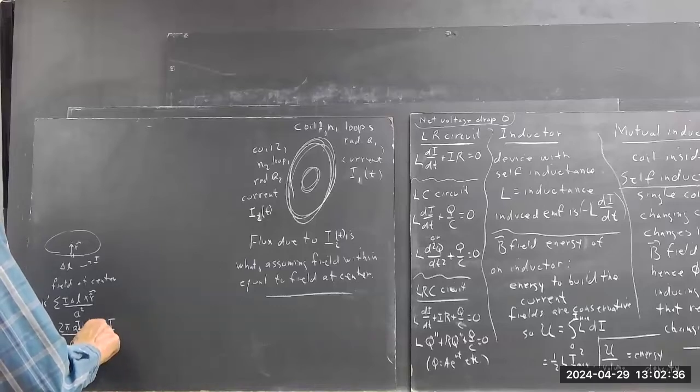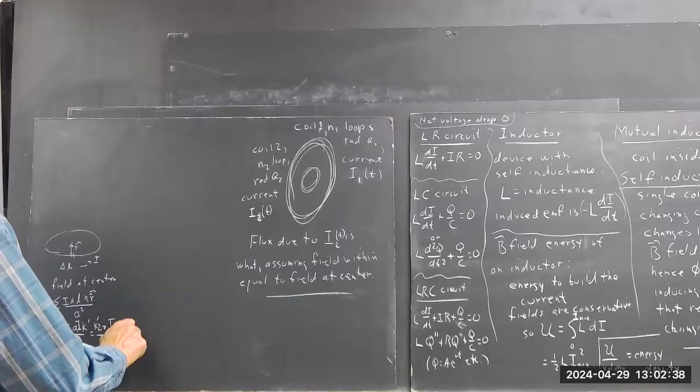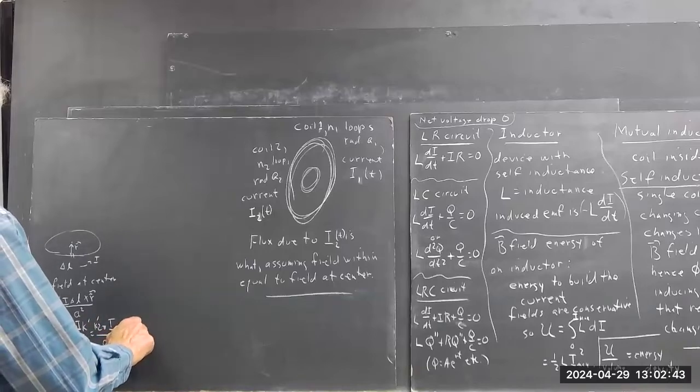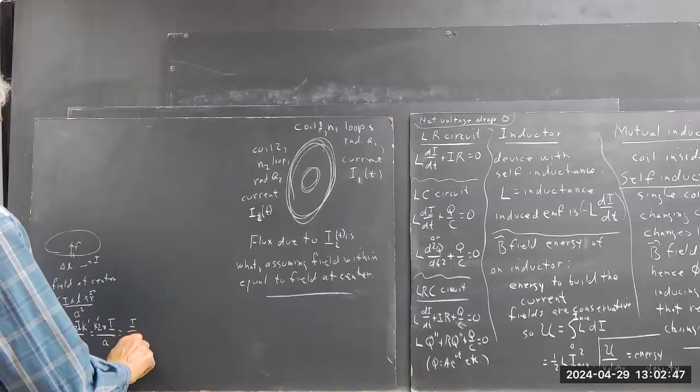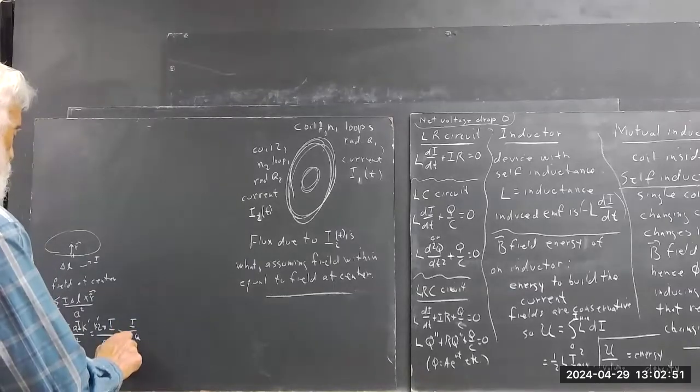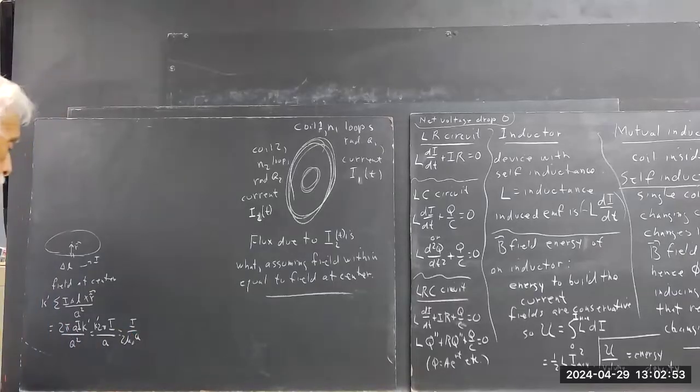Your book tends to write that as mu naught I over 2A, since mu naught and K prime have that 4 pi relationship.